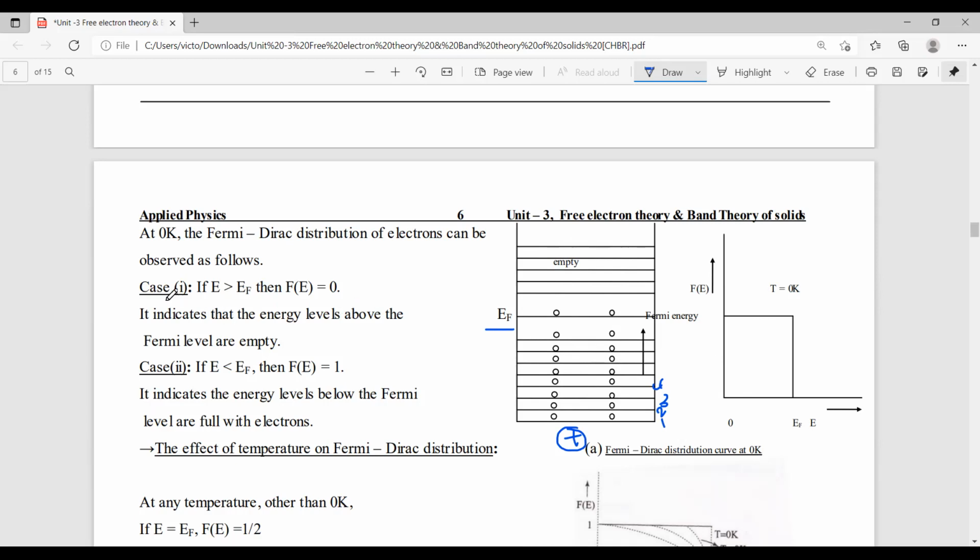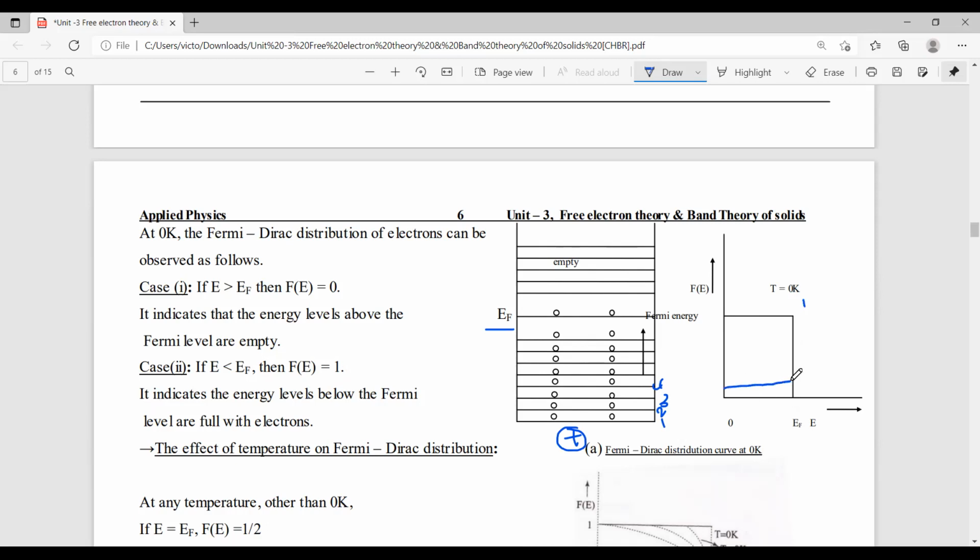Here we have two cases. At T equal to 0 Kelvin, all the energy levels below are completely filled, and that is indicated by the expression F of E equal to 1. So this is the Fermi energy level.